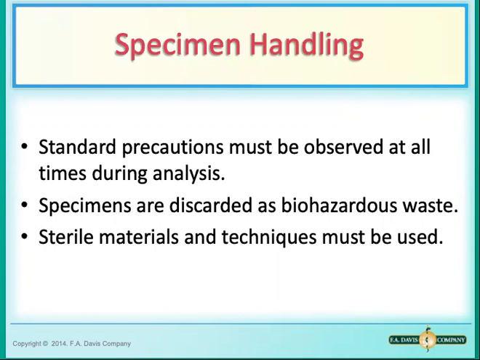These specimens are discarded in biohazardous waste, and sterile materials and sterile techniques must be used when we do a culture of the semen specimen, or when the semen specimen is being processed by a bioassay, or when it's being processed, for example, for IUI or IVF.